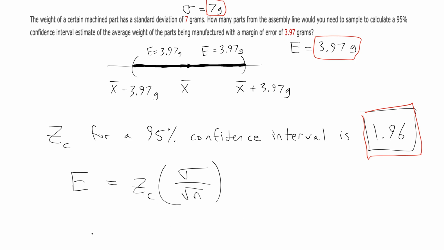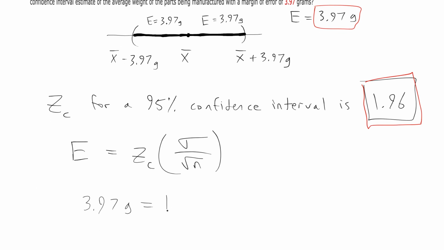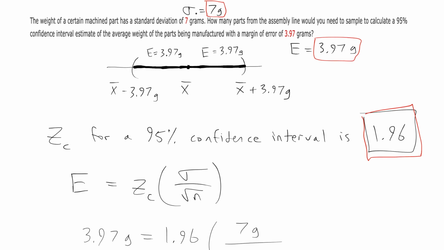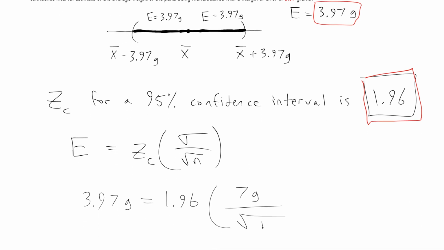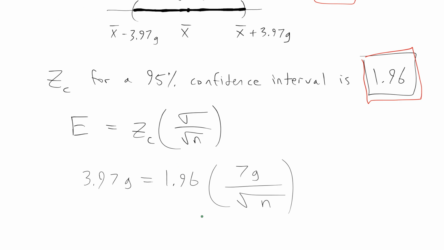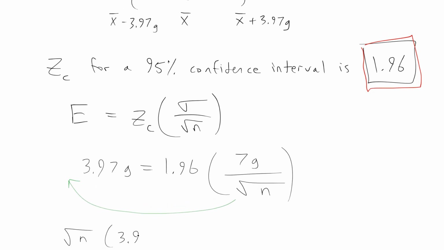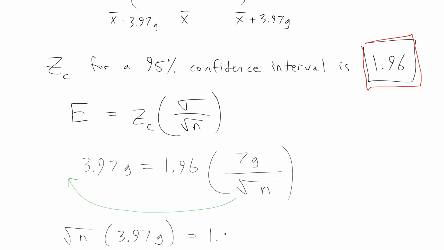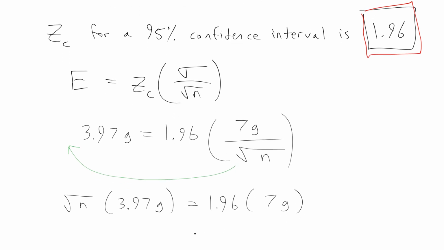Alright, so we'll have 3.97 grams equals 1.96 times 7 grams, which is the standard deviation, over square root of n. Let's multiply that square root of n to the other side so we can get n above. Then we will divide by the 3.97.